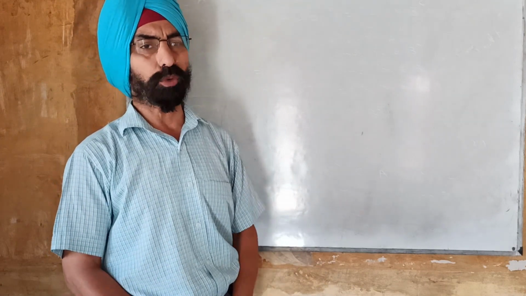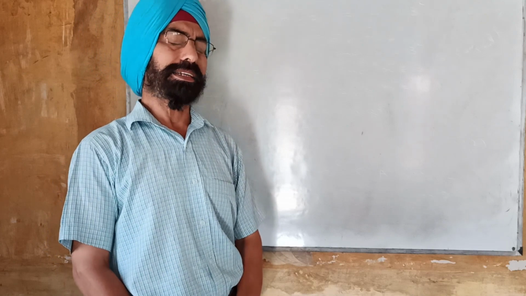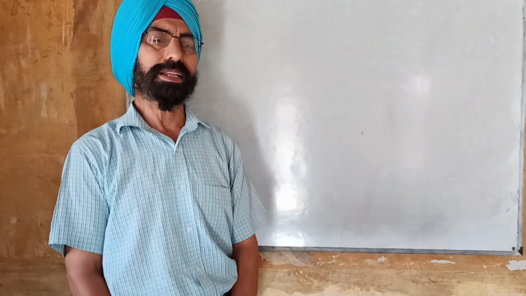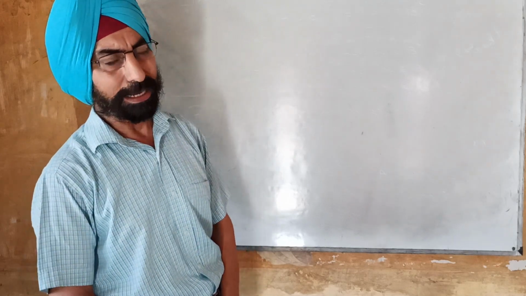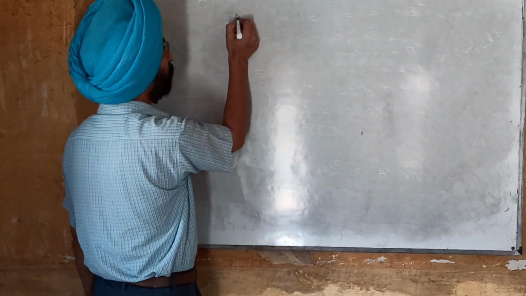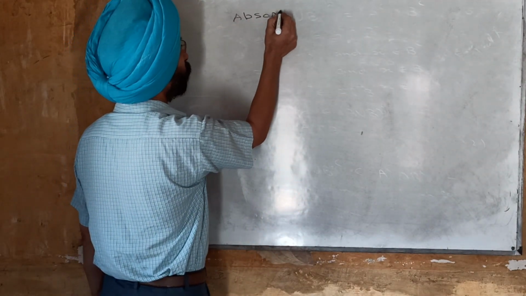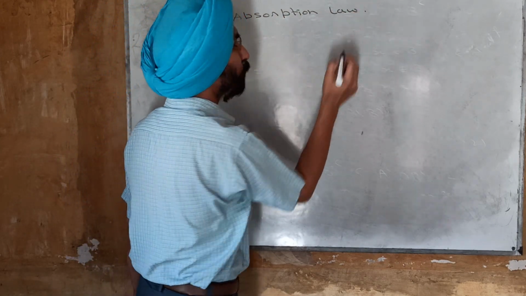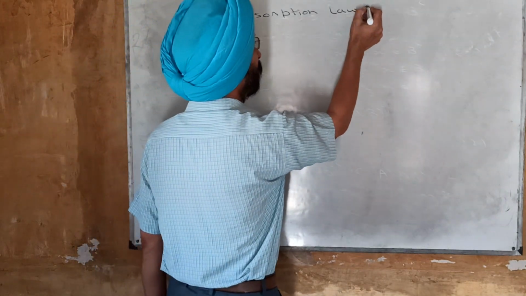Now we will discuss some more laws. In the previous lecture, I discussed commutative law, associative law, distributive law, and now I am discussing some more laws, that is absorption law. There are two absorption laws in fact.